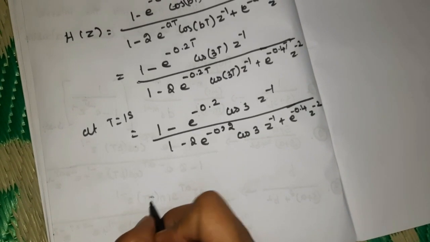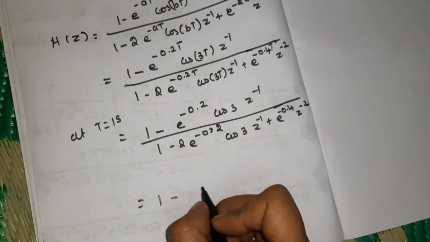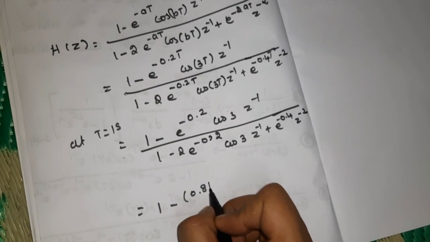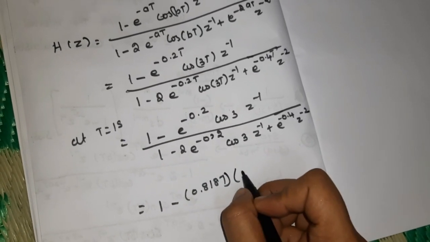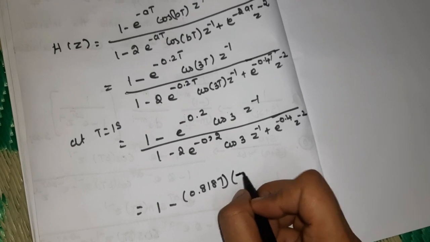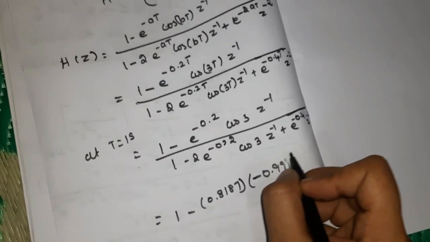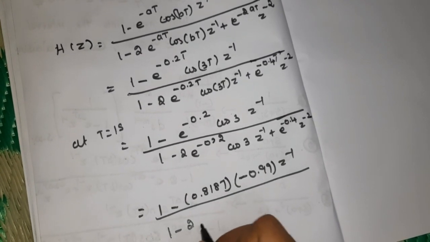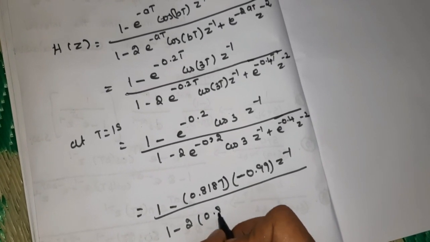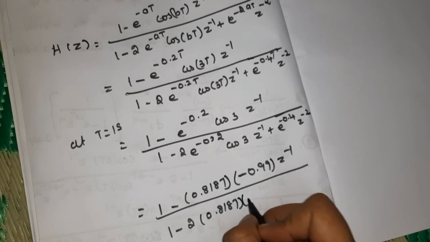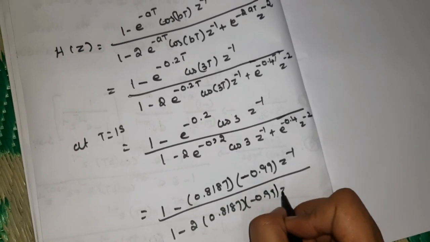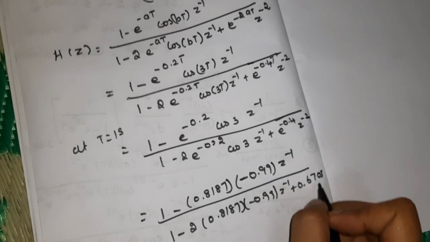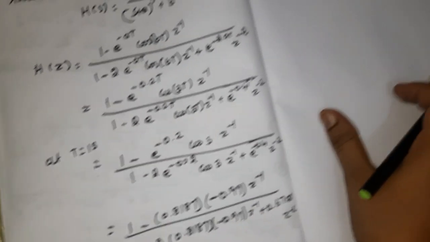And solving this, the value of e power minus 0.2 is 0.8187, and cos 3 is minus 0.99. So we get 1 minus 0.8187 times minus 0.99 z power minus 1 divided by 1 minus 2 times 0.8187 times minus 0.99 z power minus 1 plus 0.6703 z power minus 2.